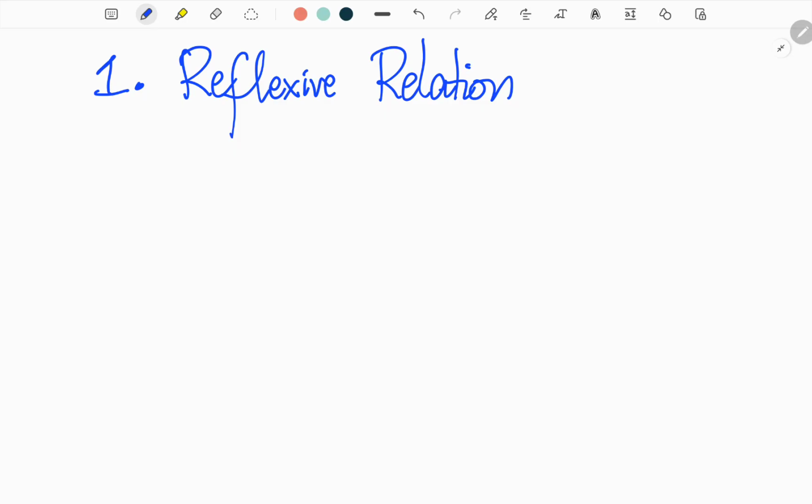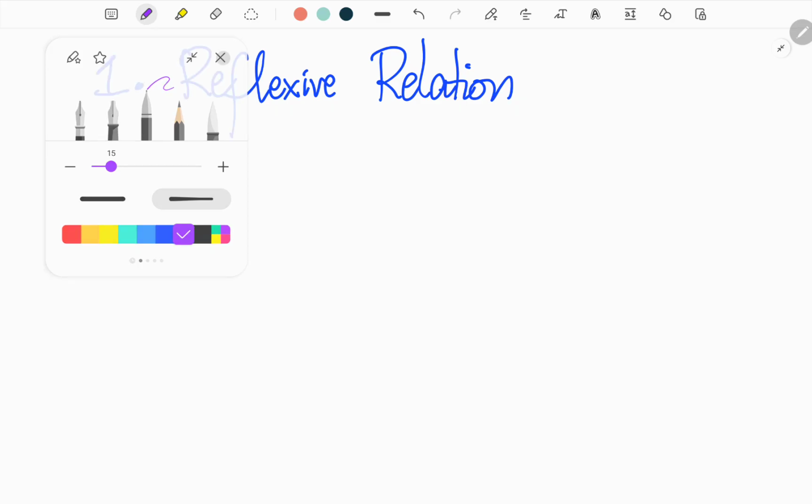Now when I'm discussing the types of relations, I am going to consider a relation on a particular set. So that means if I say a relation on a set, it means it is the Cartesian product of the same set.